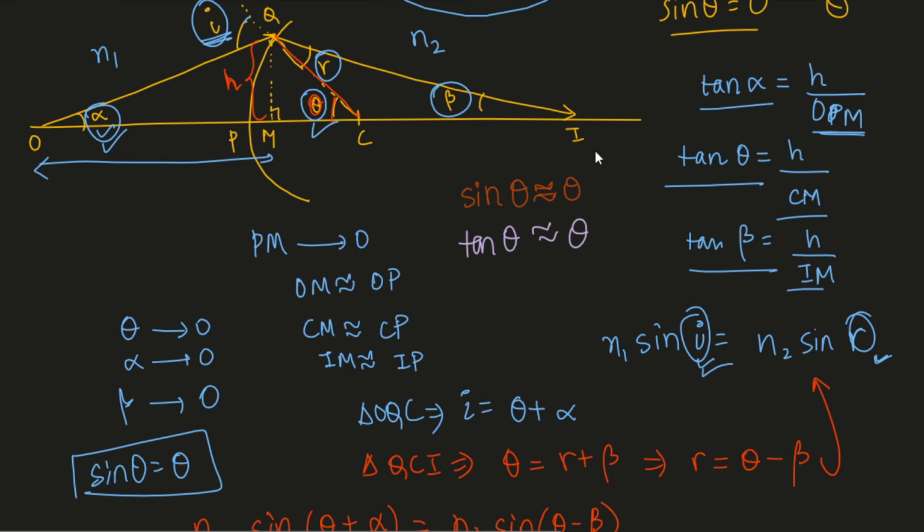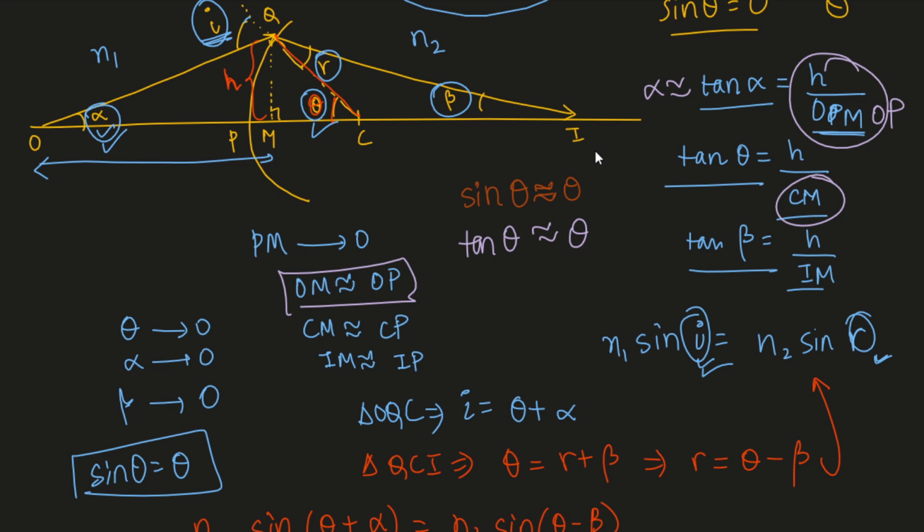So instead of alpha, we can say that alpha is approximately equal to h over OM or h over OP, since this is also another approximation that we made. Theta is approximately equal to h over CP right here, and beta is approximately equal to h over IP. So let us just put that in right away.